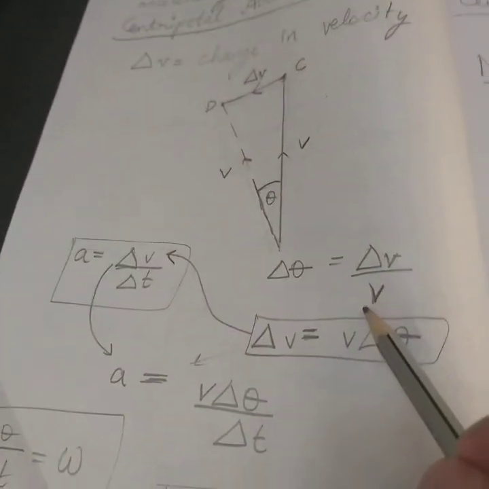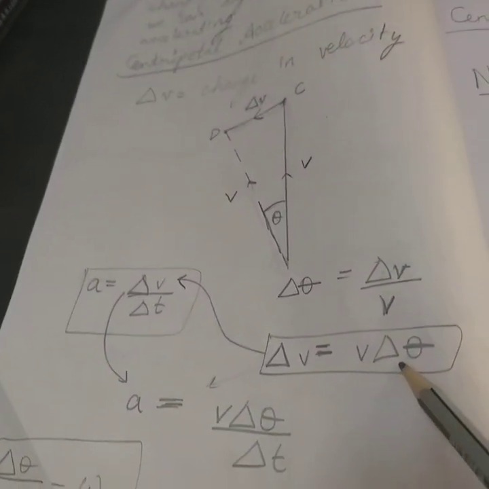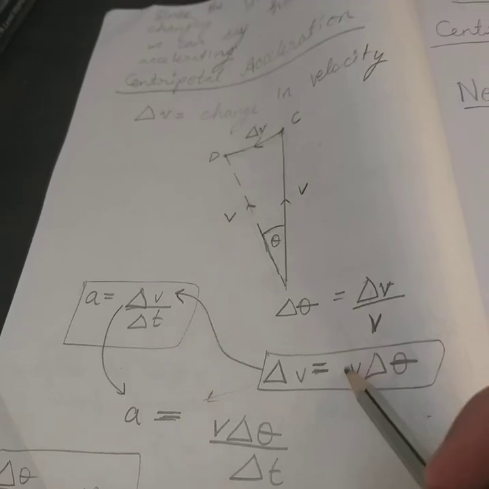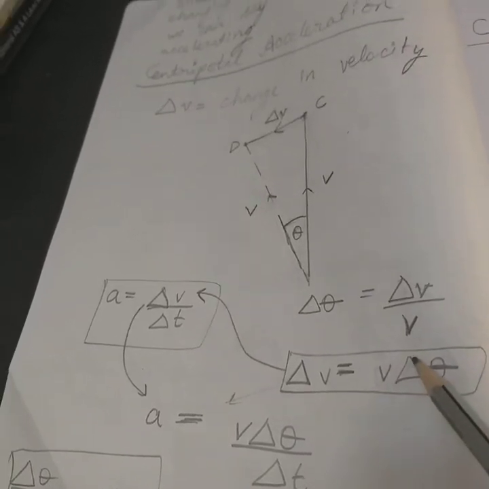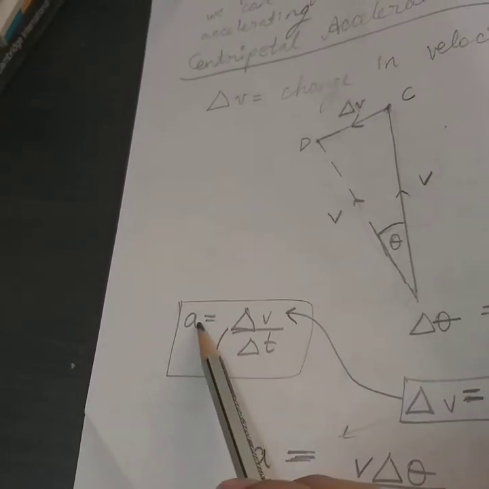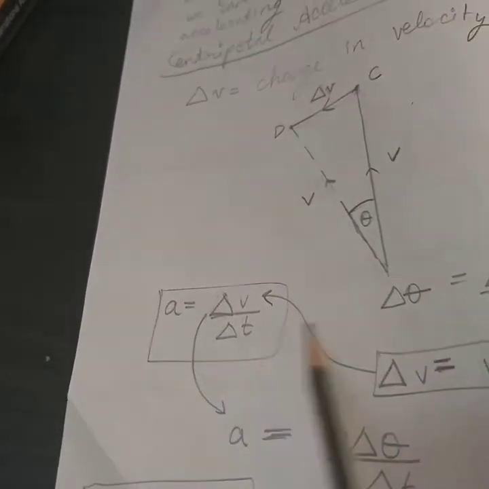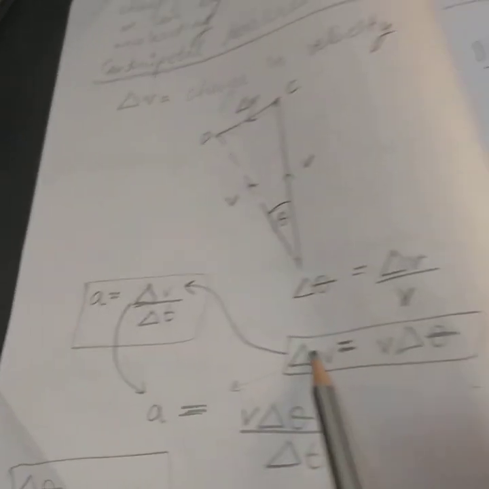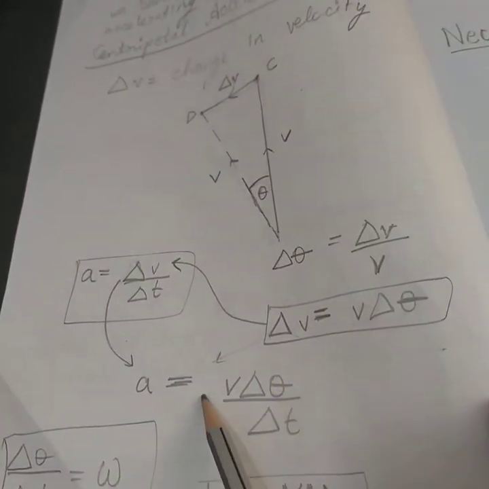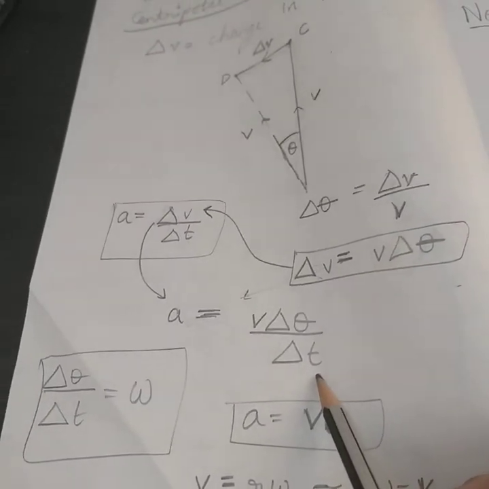From this we can derive that delta v is equal to v into delta theta, which is velocity into the change in theta. There's already a general formula that acceleration is the rate of change of velocity, so it's delta v by delta t. If we plug in delta v, we get a is equal to v into delta theta by delta t.